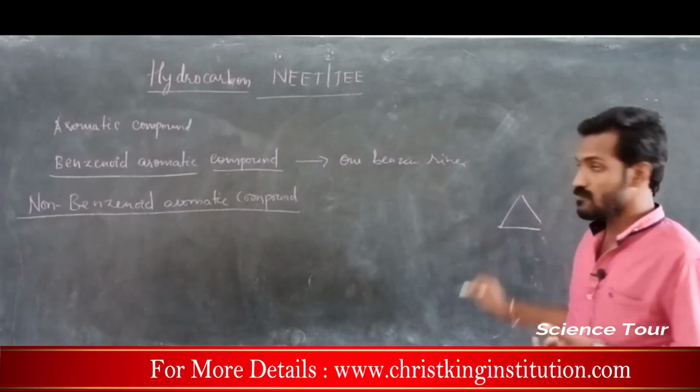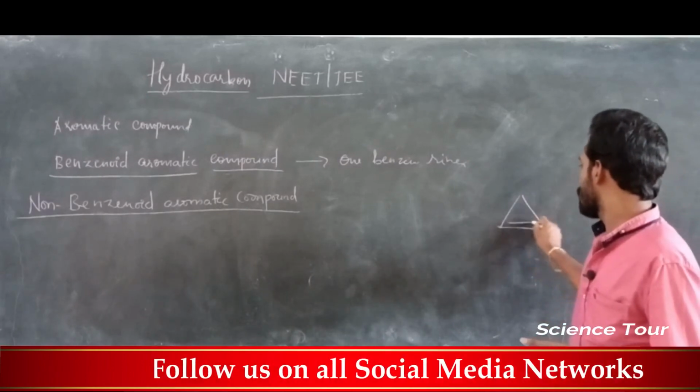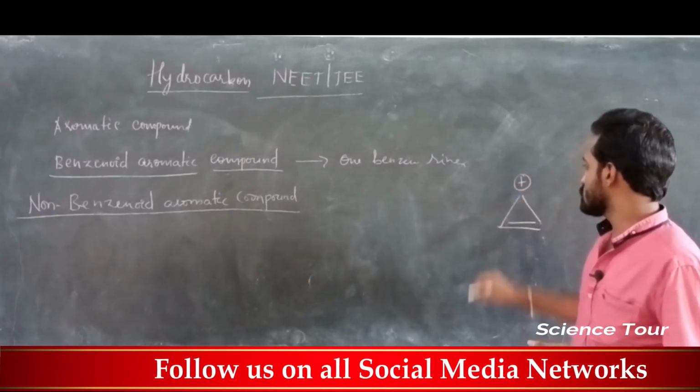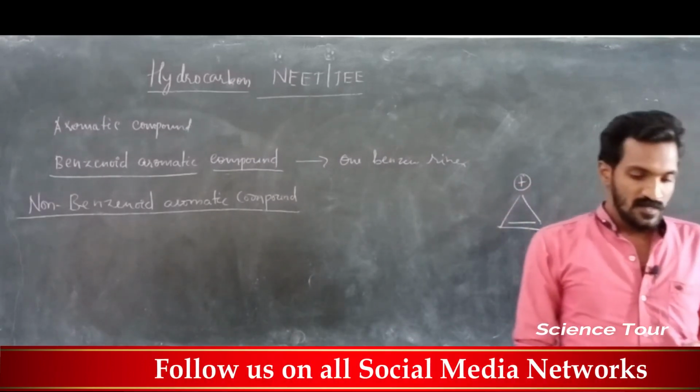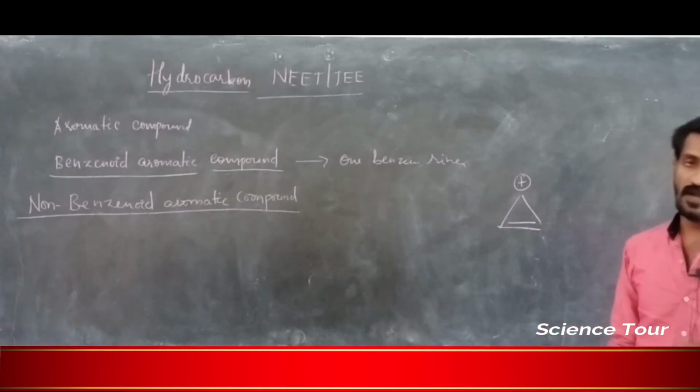Non-benzenoid compound does not contain a benzene ring, but it is aromatic, understood? This is cyclopropenium ion.